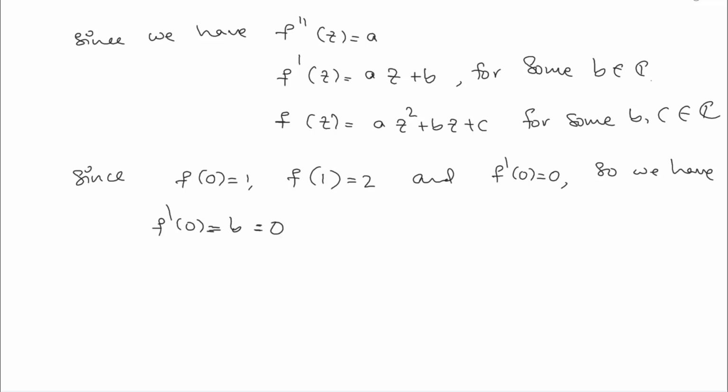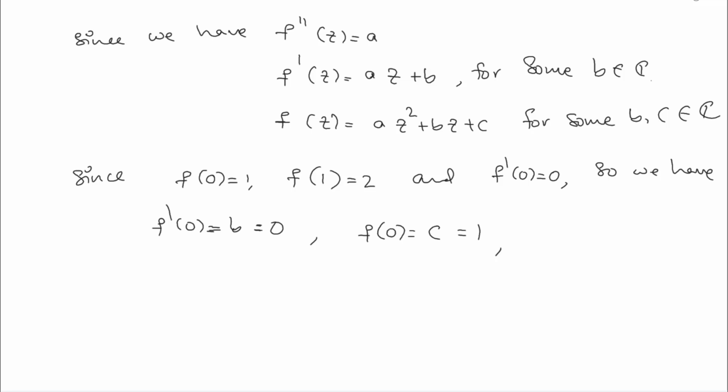So we trivially got the value of b as 0. And by the condition f of 0 equal to 1, we have f of 0 is nothing but c, that is equal to 1. So trivially we got the values of b and c.